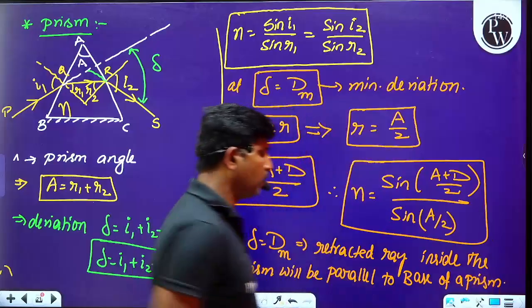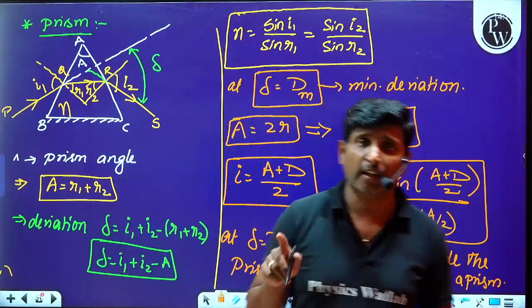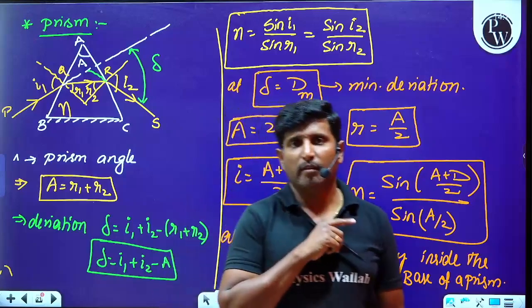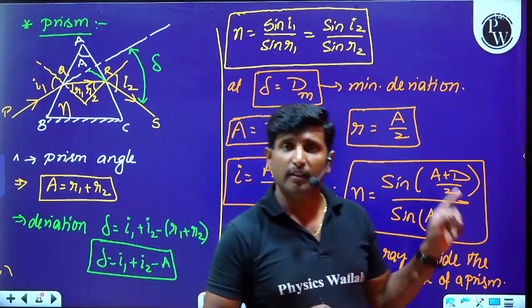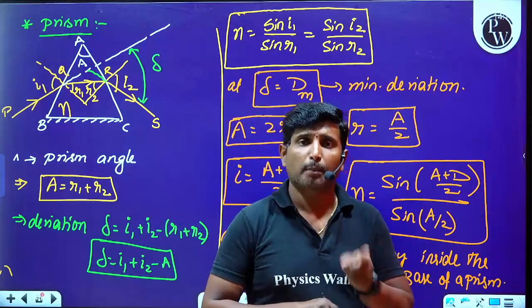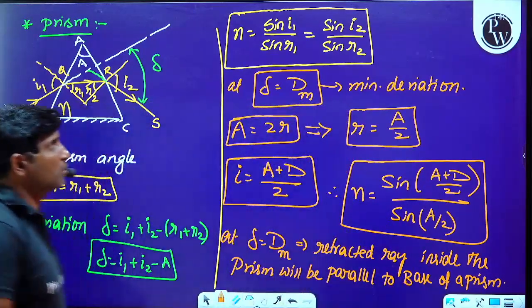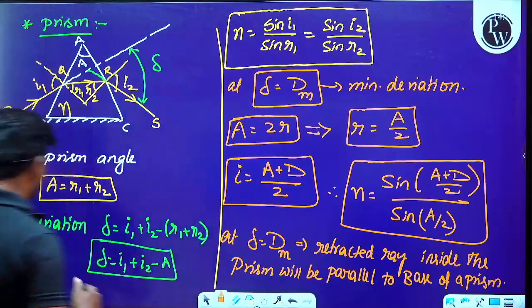This is very, very important, because sometimes they will not mention directly that the prism is in minimum deviation position, but they will say in a sentence that the refracted ray inside the prism is parallel to the base of the prism, which indicates the prism is in minimum deviation position. Okay, so please make sure about these things here.